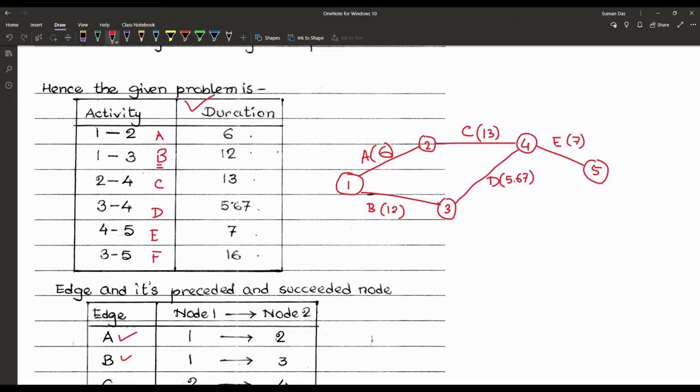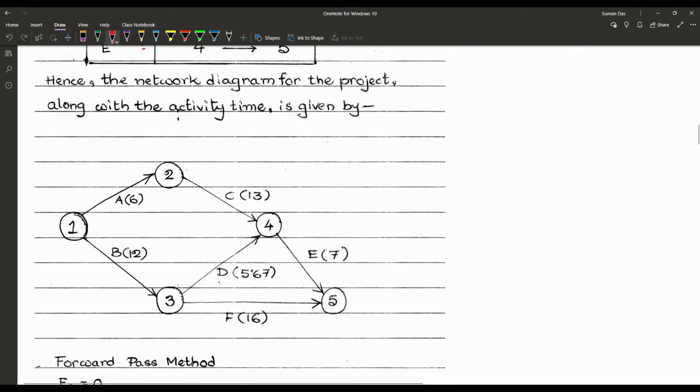And from 3 to 5, that is our F and that is with the duration 16. Now one thing is missing here, we have to give the arrows. So that is our network diagram. Let's check, yes, that is right, from 1 to 5 in that way.